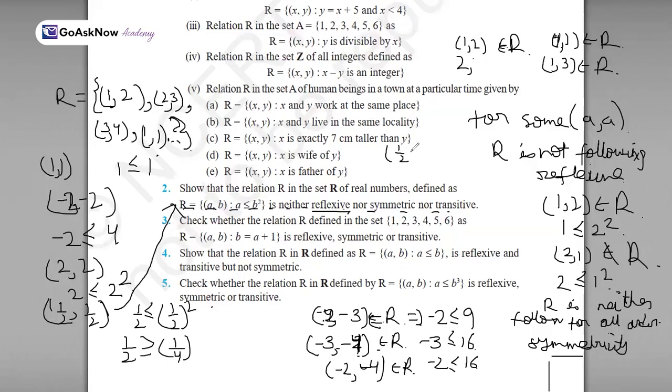If I take some fraction values, 1 by 2 and 1. Yeah. So I have to check once.